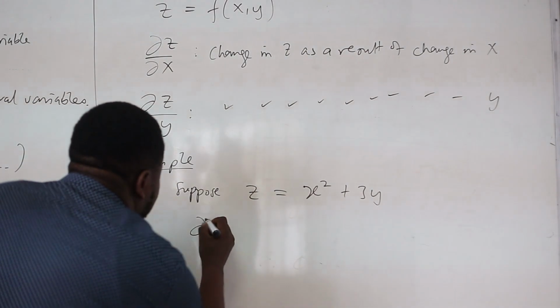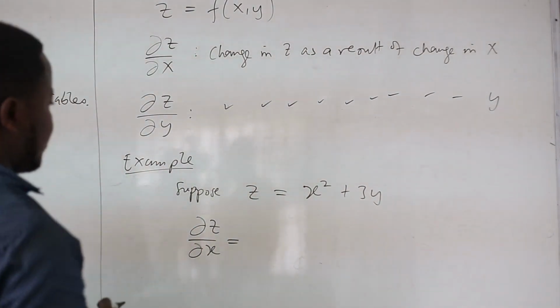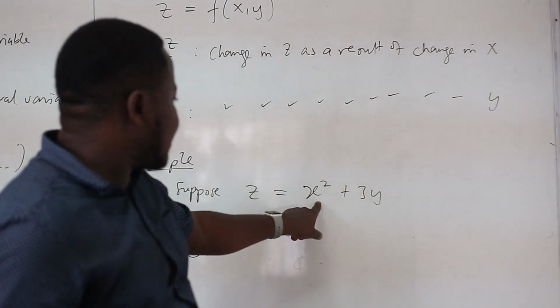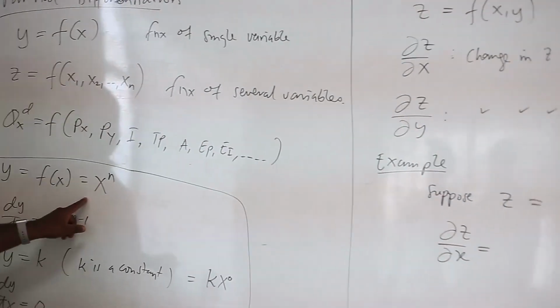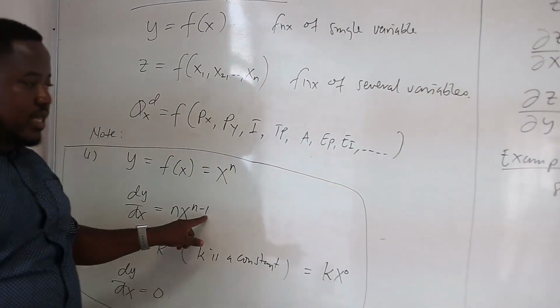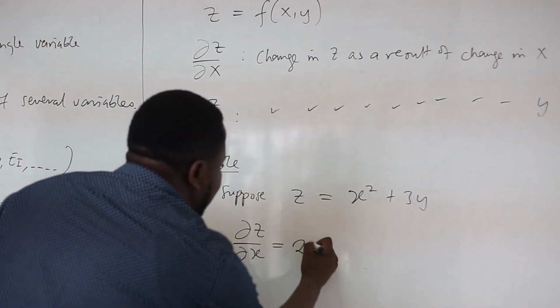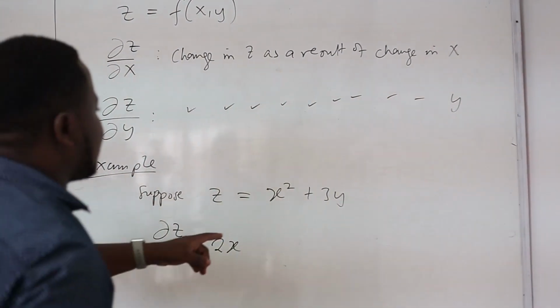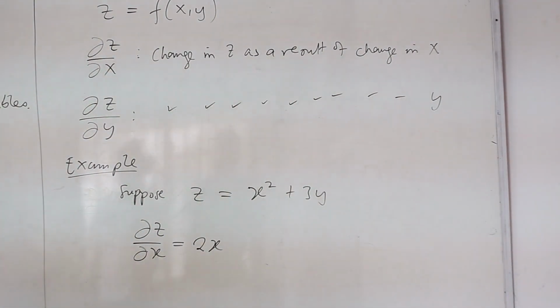So here dz dx is equal to, since this depends on x, we just apply the rule of differentiation. We bring n down and subtract 1 from the exponent. So we bring 2 down, so we have 2x. Subtract 1 from this, but I don't write to the power 1.